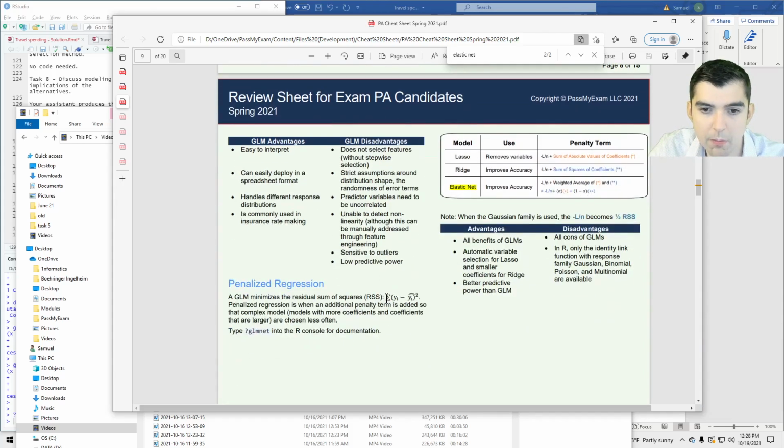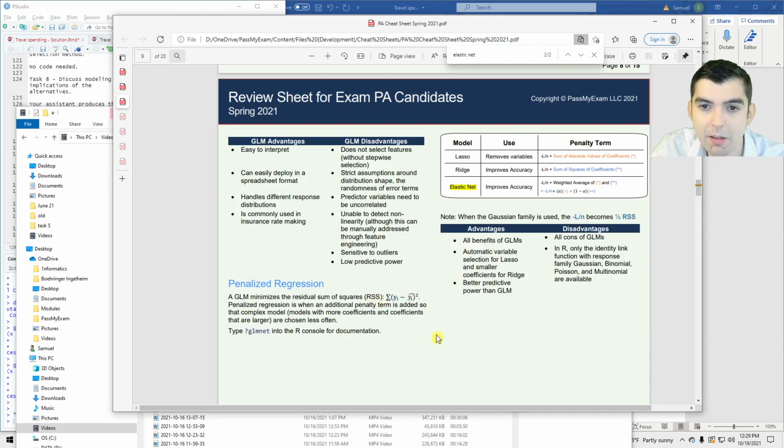A GLM normally just minimizes the residual sum of squares, which is the loss function. Then there's an additional penalty term added so that a complex model with more and larger coefficients is chosen less often, right? So it's not enough that we just have a model that has a small RSS, which is residual sum of squares. We also want one that's simple, right?